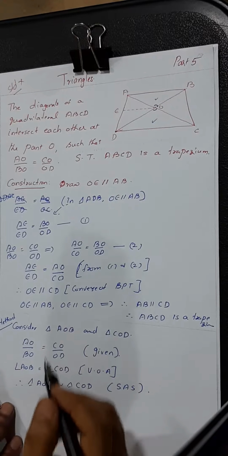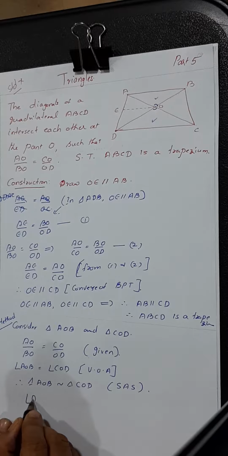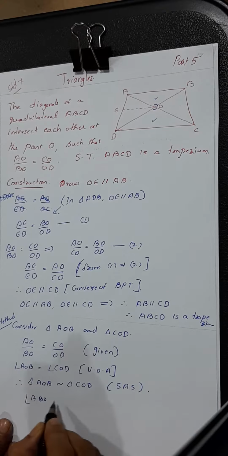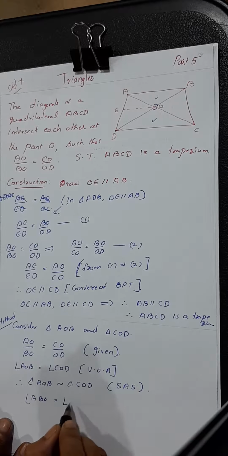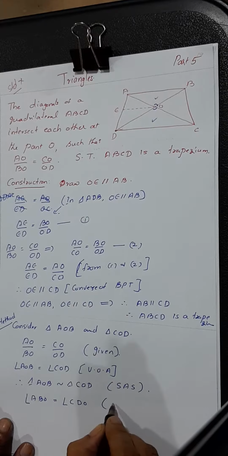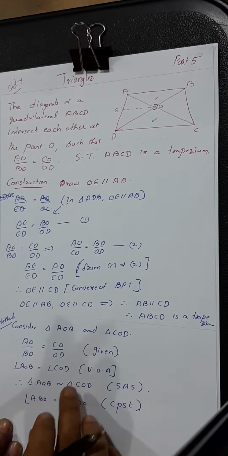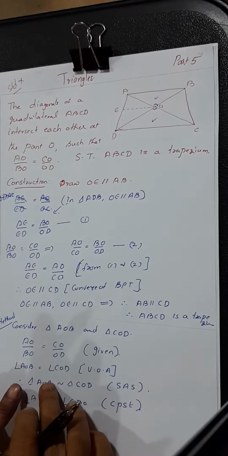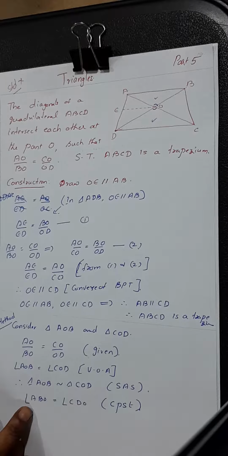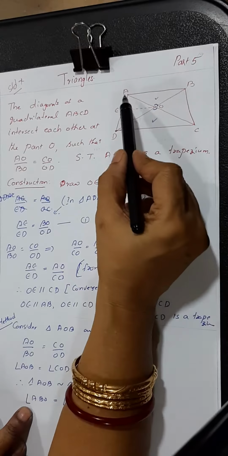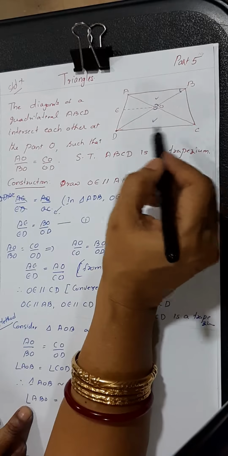From this we can write angle ABO is equal to angle CDO. This is corresponding parts of similar triangles. You have to write the proper order, and from here only we have to write these, not seeing the figure. So ABO, this angle, is equal to CDO.